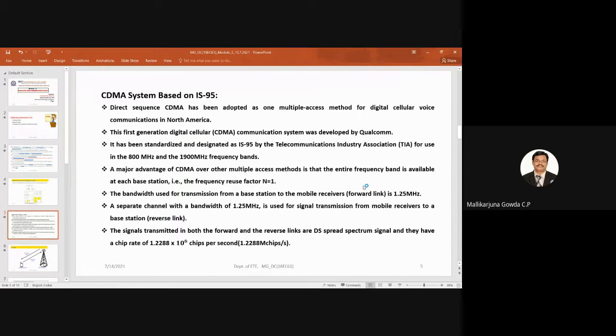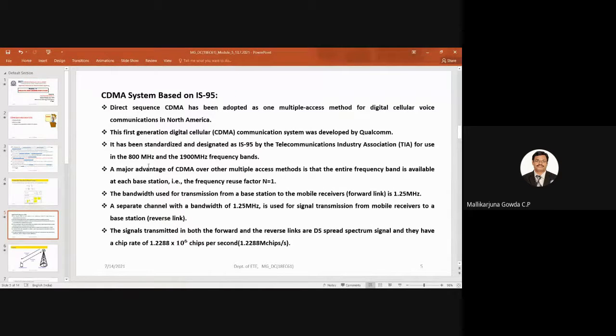Qualcomm is the pioneer in wireless, and this has been standardized and designated as IS-95 by the Telecommunications Industry Association, TIA in short, for use in 800 megahertz and 1900 megahertz frequency bands. So it operated in these two frequency bands: one at 800 megahertz and another at 1900 megahertz.